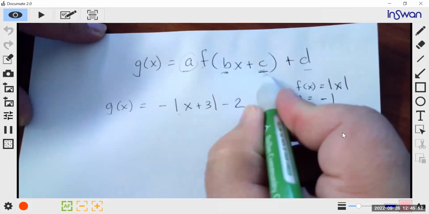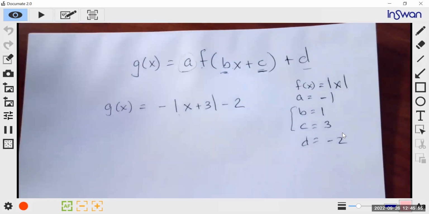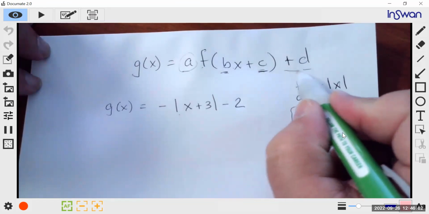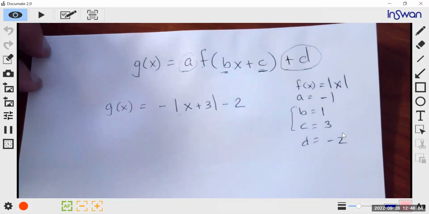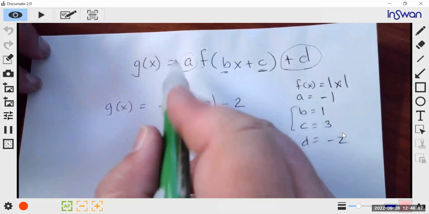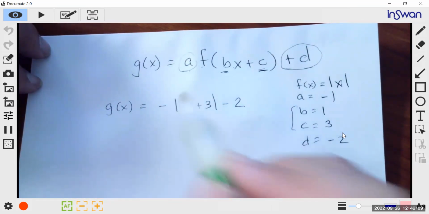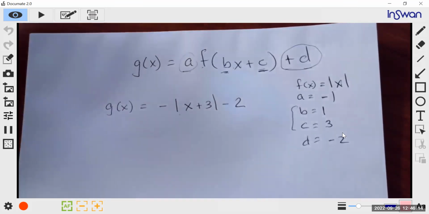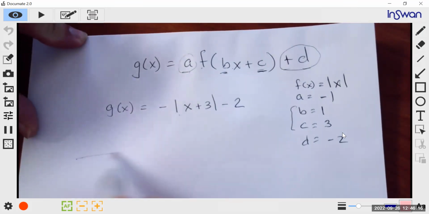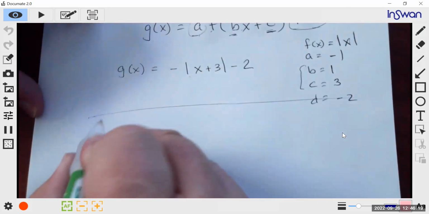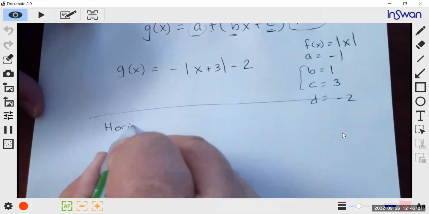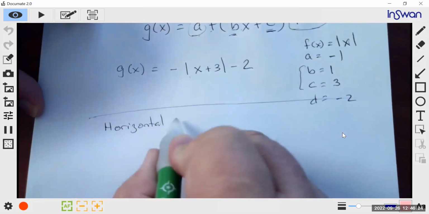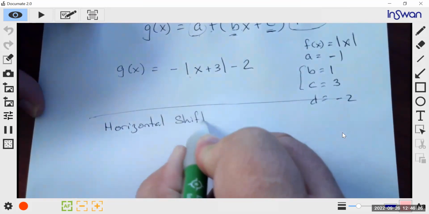b and c are inside the function. d is the only one that doesn't affect the function directly. a is the coefficient. So once you understand what a, b, c, and d are, we can now have a better understanding of what's happening here. Horizontal shift.